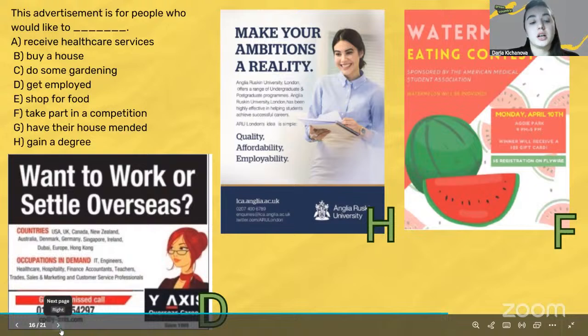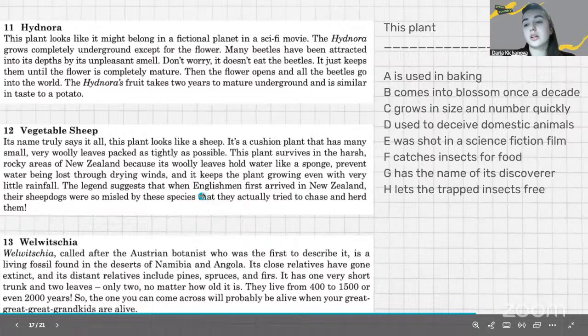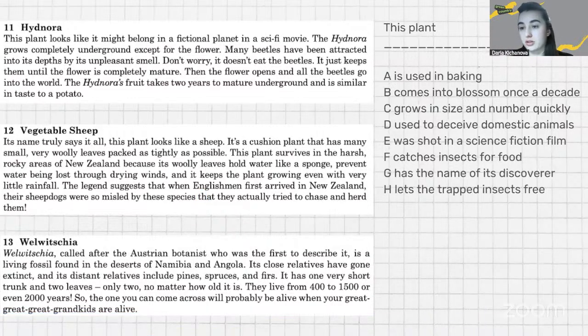Okay, so now we are going to work more with the choose the correct option task, where you have the text and you need to understand what description fits this text. We will have the text about plants, and let's remind the strategy of what we do here. First of all, when we see texts, we need to read the question, so what we need to talk about.